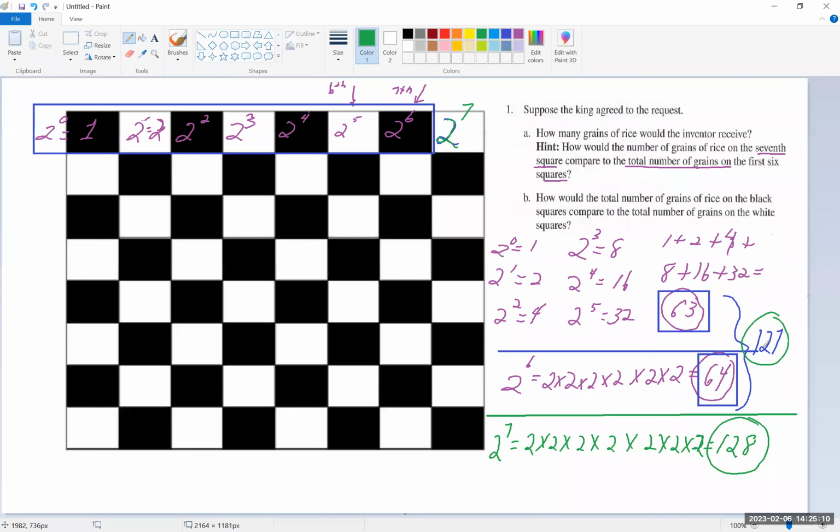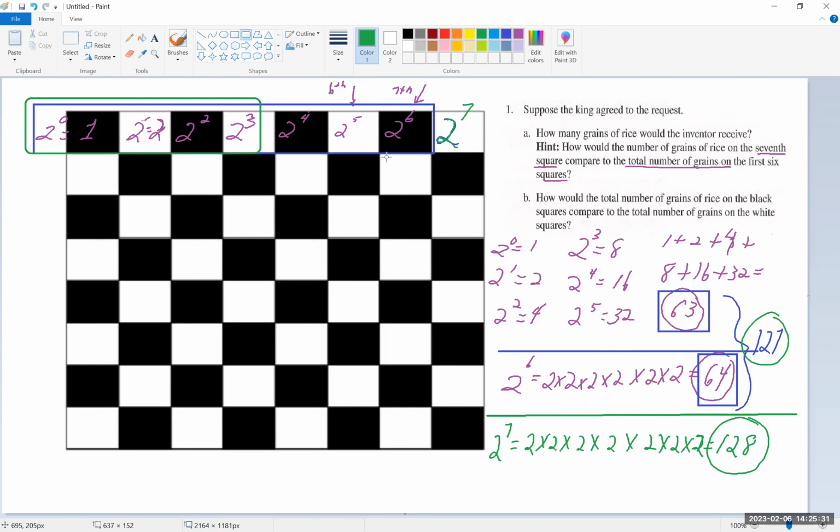Well, interestingly, the sum of all the previous ones are actually only one less than this one. So in other words, try to use a different shape.